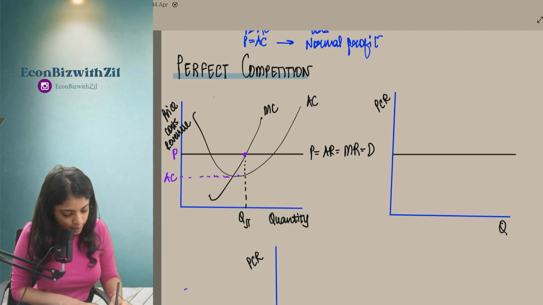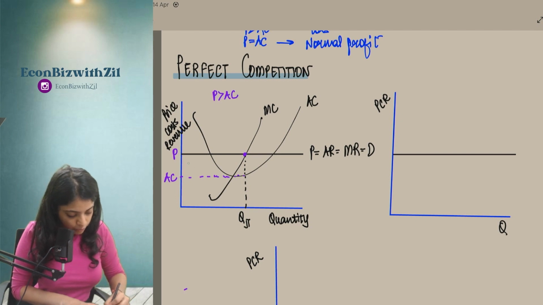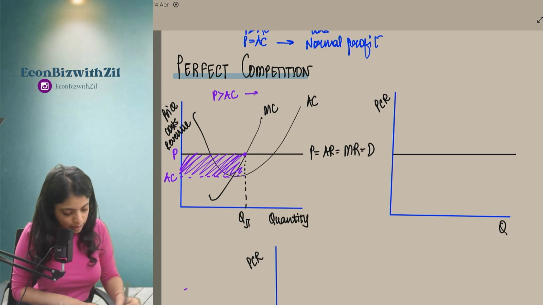What I see here is P is greater than AC, and if I shade this entire region, it is nothing but my supernormal profit.